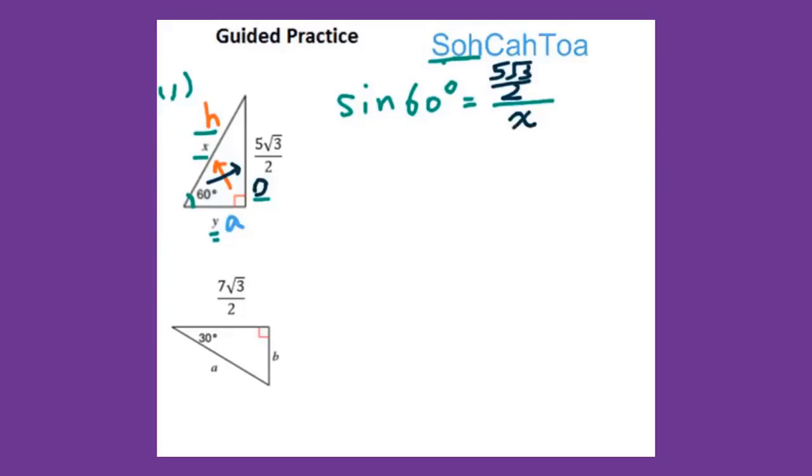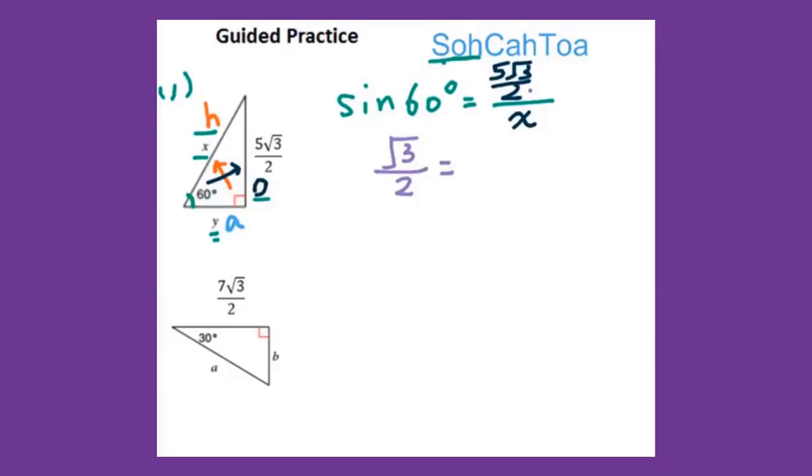Then according to the trig values of special angles, sine 60 will be square root of 3 over 2 equals. And on the right side, that's a complex fraction.